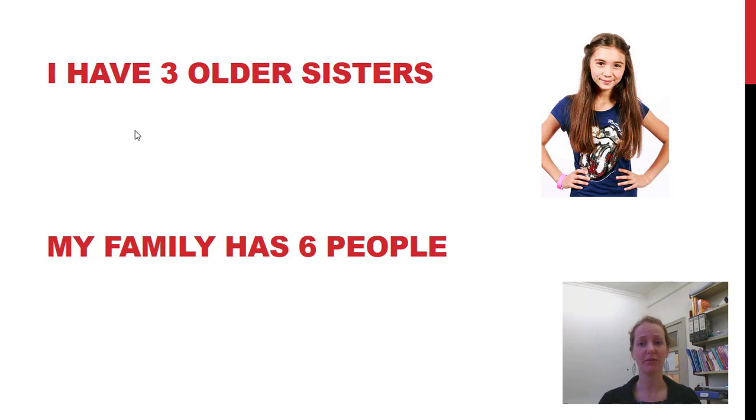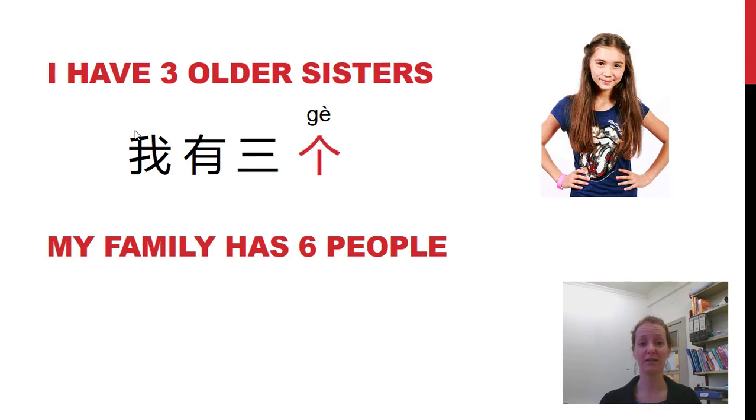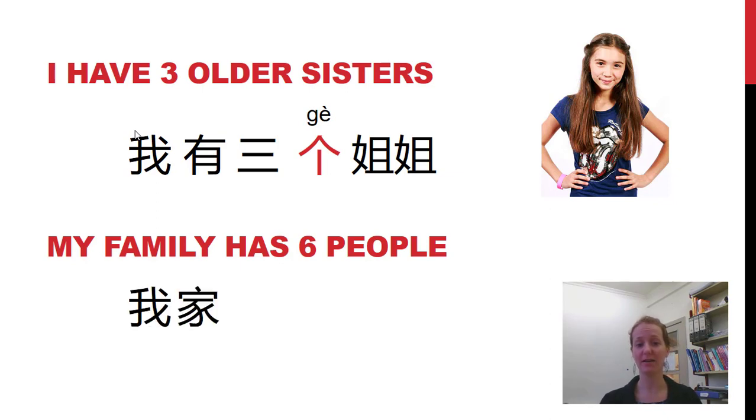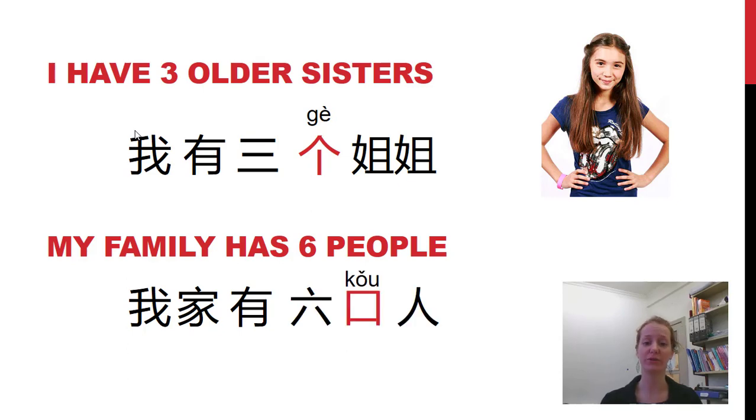So here we're going to look back quickly at what we talked about with family, saying how many something we have. For example, I have 3 older sisters. How do we say that? 我有3个姐姐. And my family has 6 people. 我家有6口人. So what I've highlighted here are the measure words. Now when we talk about pets, there's specific measure words we want to use.